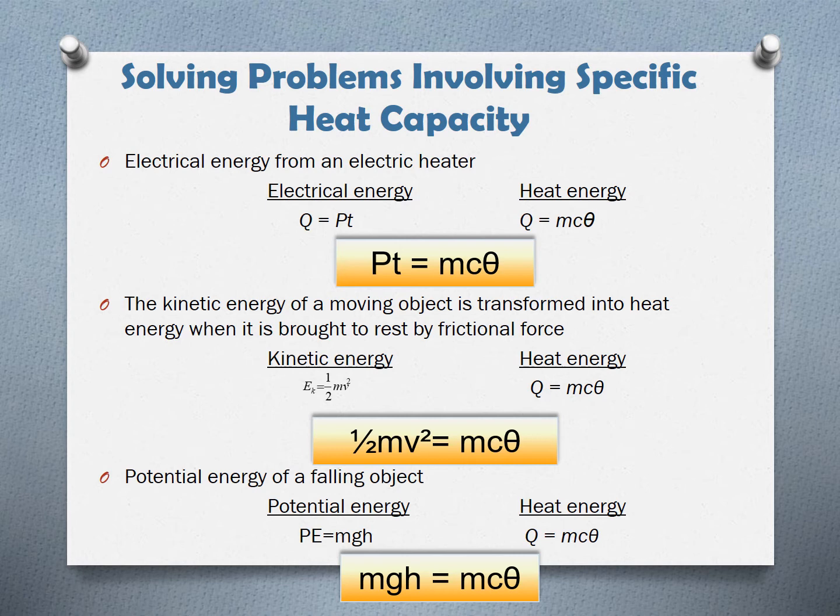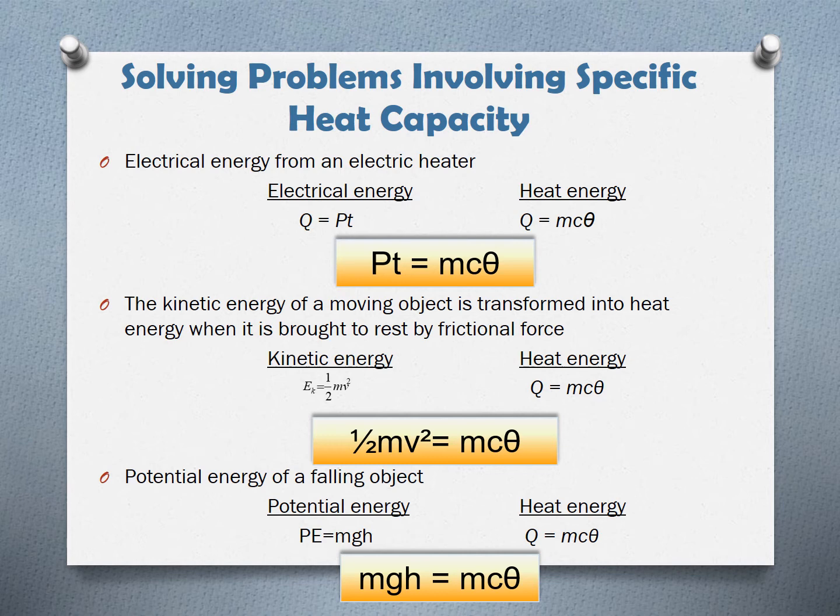How about kinetic energy? The kinetic energy of a moving object is transformed into heat energy when it is brought to rest by frictional force. As we know, kinetic energy is Ek equals half mv squared, while heat energy is Q equals mc theta.